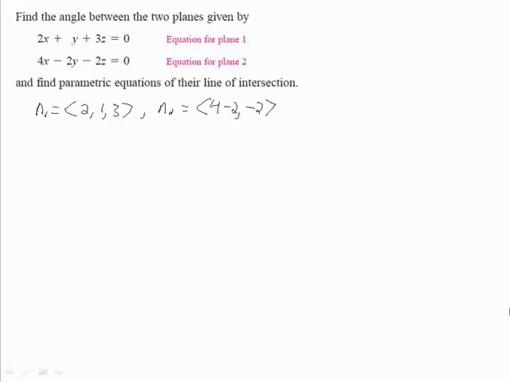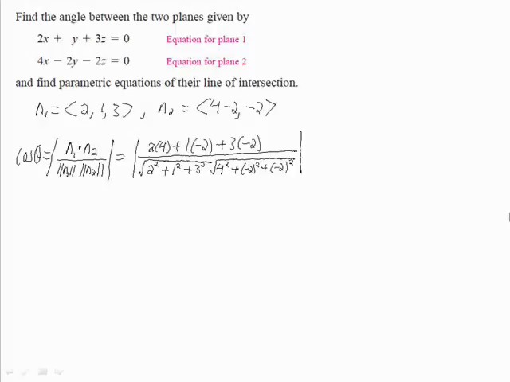Cosine of theta is equal to the absolute value of the dot product of n sub 1 and n sub 2 divided by the quantity, the magnitude of n sub 1 times the magnitude of n sub 2, which is equal to the absolute value of the quantity 2 times 4 plus 1 times -2 plus 3 times -2 divided by the quantity, the square root of the quantity 2 squared plus 1 squared plus 3 squared times the square root of the quantity 4 squared plus -2 squared plus -2 squared, which is equal to the absolute value of 0 divided by the quantity, the square root of 14 times the square root of 24, which is equal to 0.